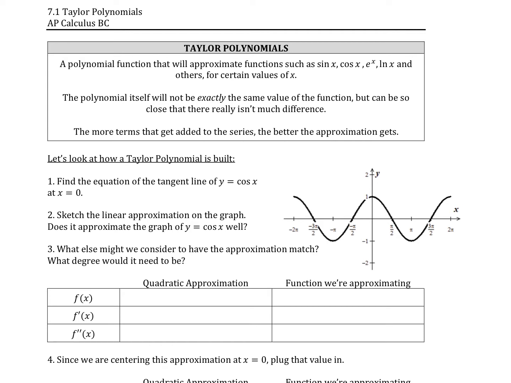Now, the polynomial will not be exactly the same value of the function, but it will often be so close that there really isn't much of a difference. And what you're going to see is the more terms that we add to our Taylor polynomial, the better the approximation gets. So we're going to start with a little bit of a discovery on how to build a Taylor polynomial.